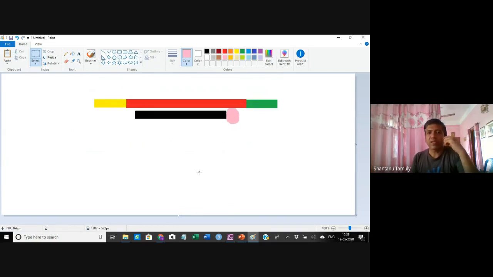Then put this probe here. If the sequence of the probe you have developed is exactly complementary to this particular sequence, the fluorescent dye will fluoresce. If the complementarity between this DNA and this DNA is less, the intensity of the fluorescence will be less.